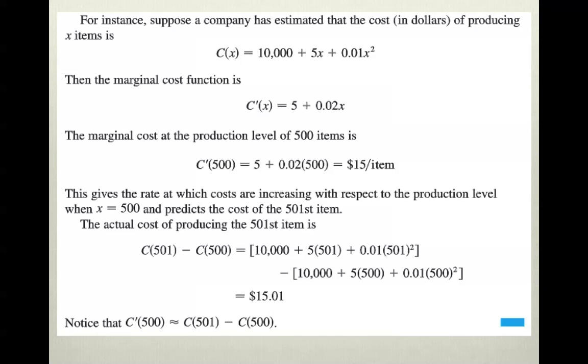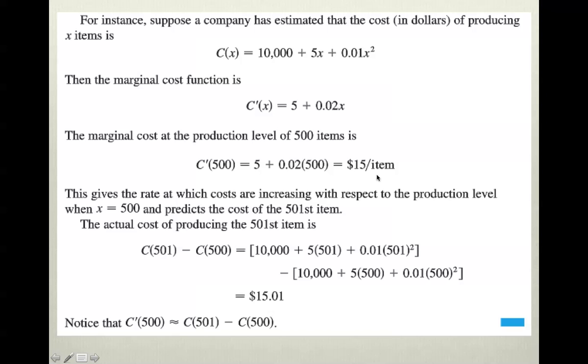For instance, suppose a company has estimated the cost in dollars of producing x items is this, where the marginal cost function is this, which is simply the derivative of the estimated cost up there. The marginal cost at the production level of 500 items is as so. All we do is take 500 and plug it in for x, and we get $15 per item.